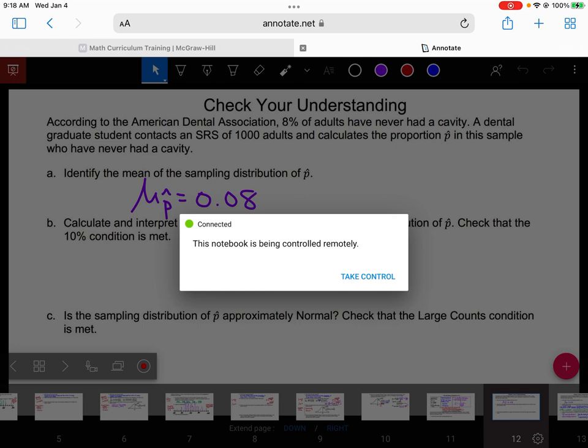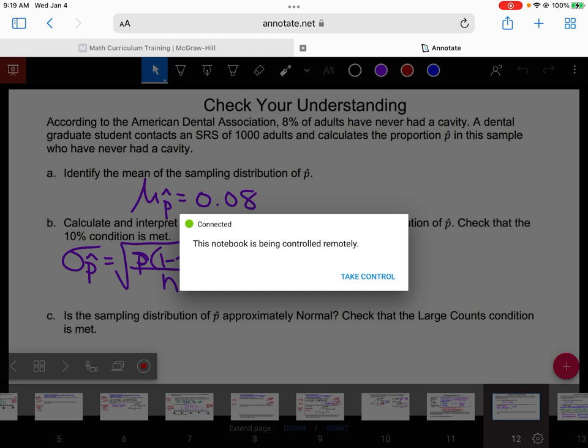How would we calculate the standard deviation? Sigma p hat. How do we calculate sigma p hat? Square root of, and then I need a fraction bar, p times 1 minus p, all over n. And what did we say our p value was? 0.08.